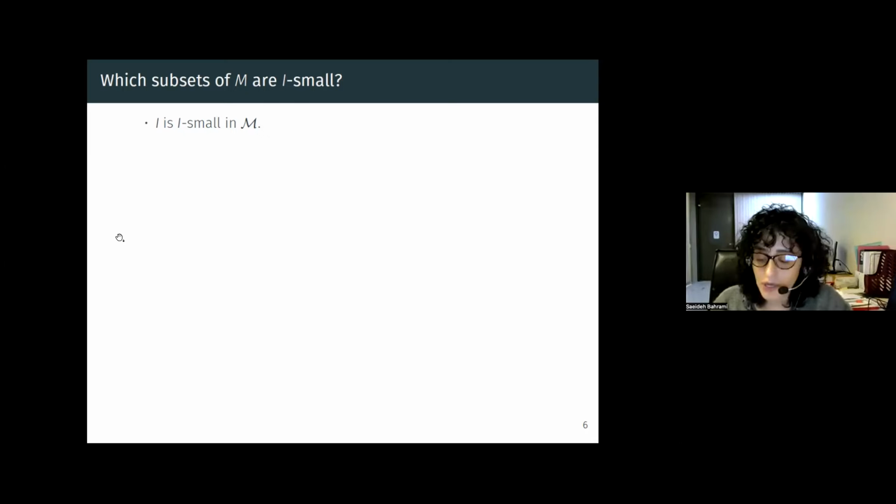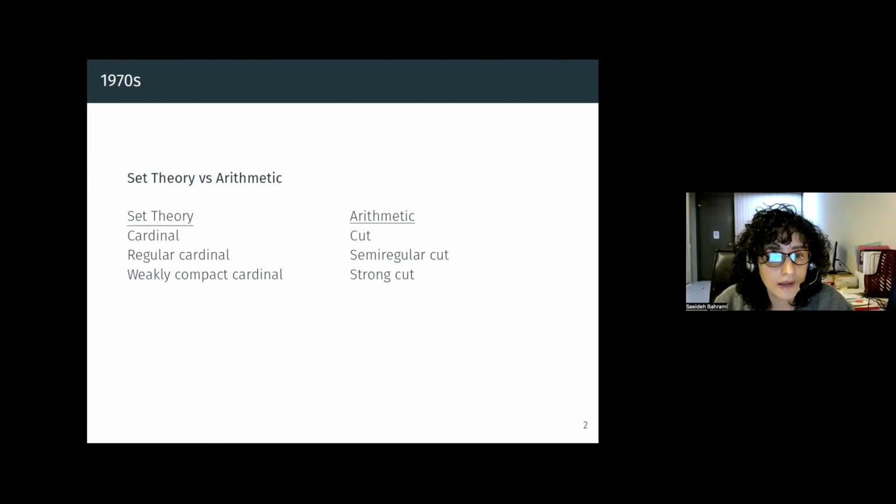Let me come back here. The regular cardinals are those cardinals whose cofinality is equal to the cardinal itself. This property can be said in a first order sentence, and it can be attributed to a cut from the point of view of the model.